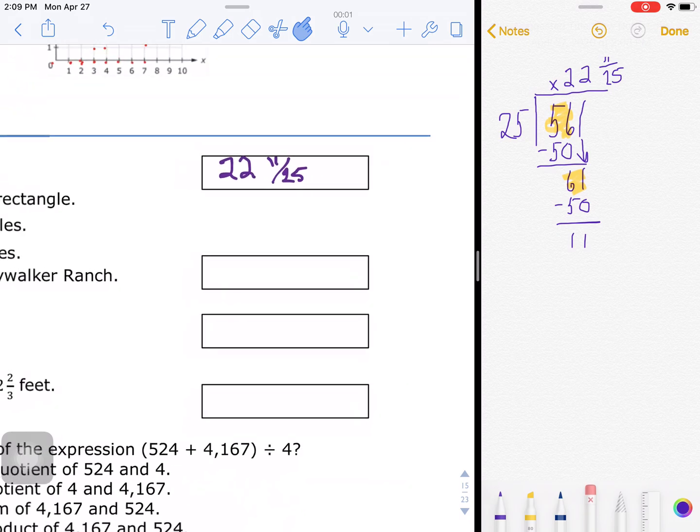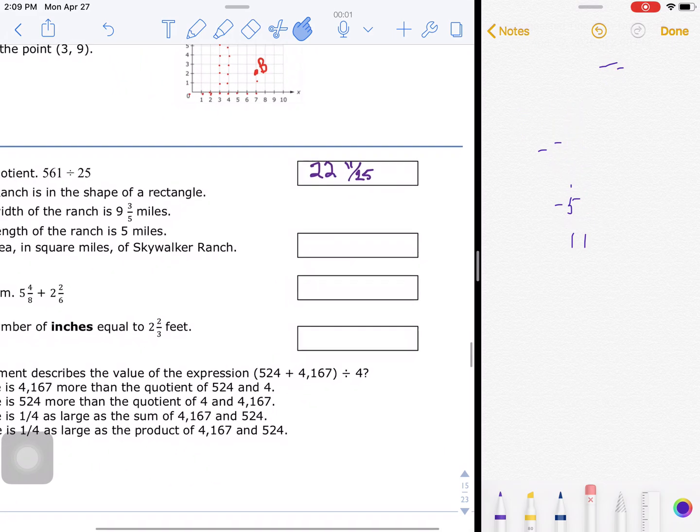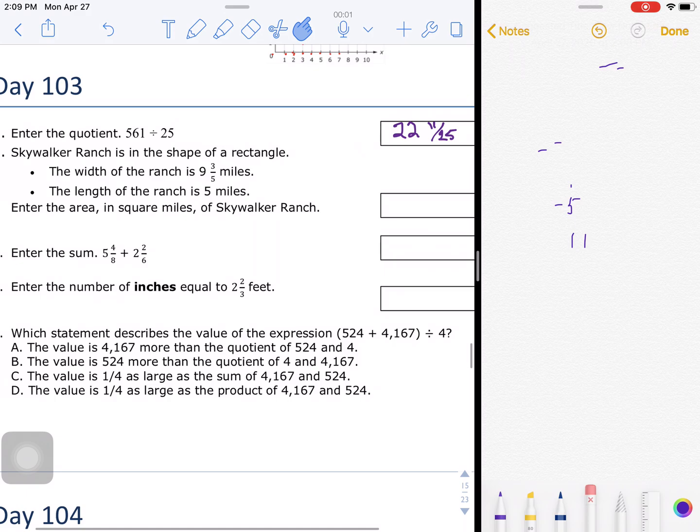So there we go. Let's take a look at problem number 2. Skywalker Ranch is in the shape of a rectangle. The width of the ranch is 9 3/5 miles. The length of the ranch is 5 miles. Enter the area in square miles of Skywalker Ranch.